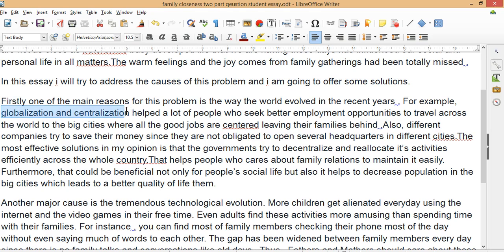Globalization, people seek better employment, they're looking for a job, so they leave their families behind. Then we've got a second idea, different companies try to save, not obligated. Most effective solution, in my opinion, is that the government.